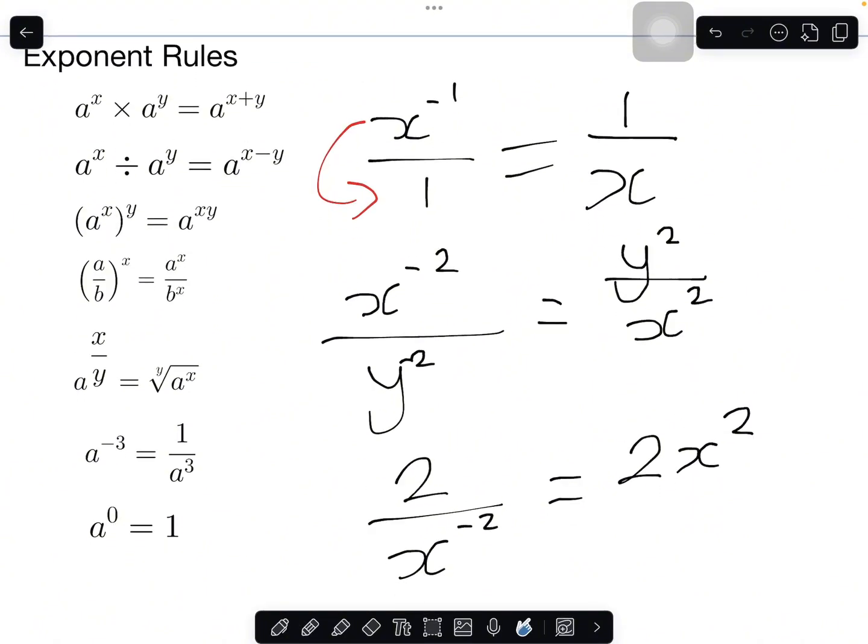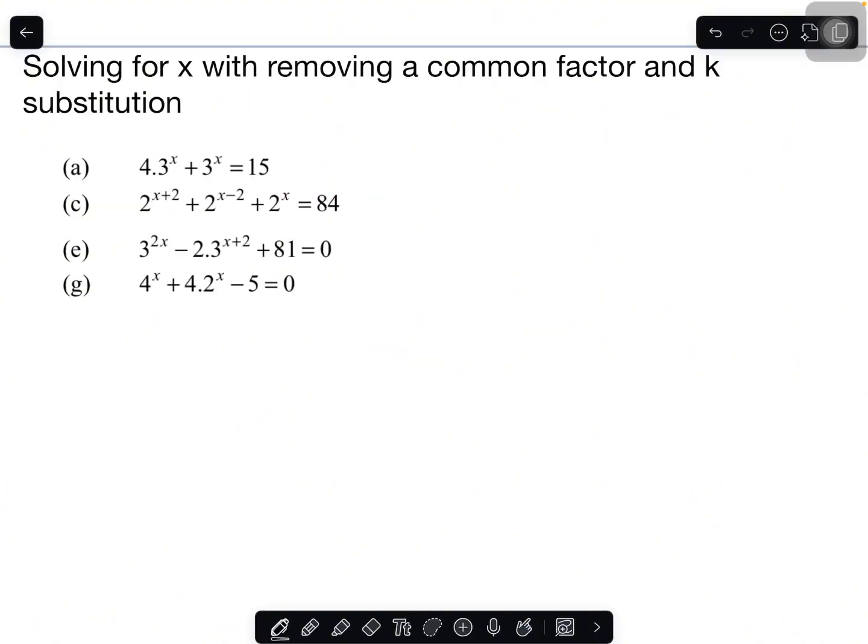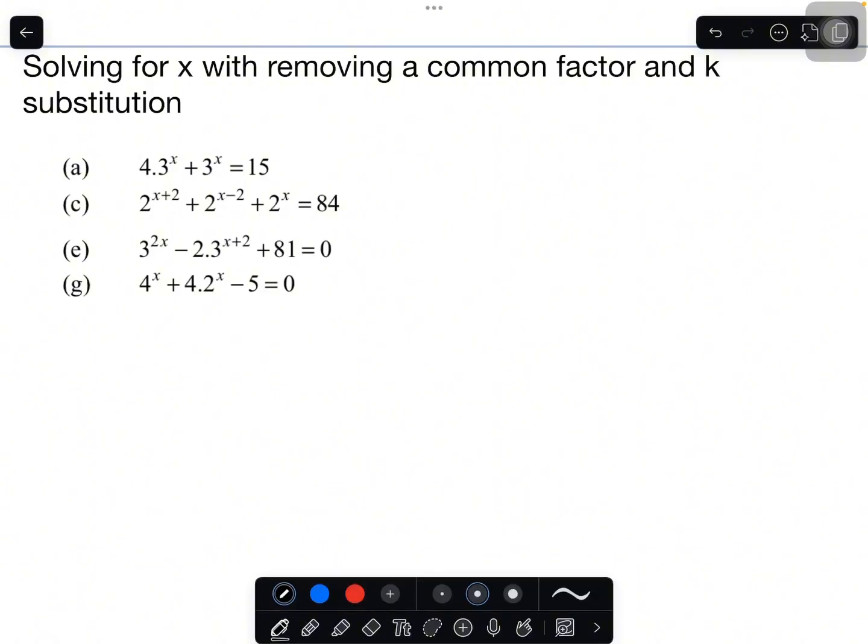And then finally, we're now going to solve for x with removing a common factor and the substitution method. Okay, so with removing a common factor, what you need to understand is it's similar to when you are factorizing.